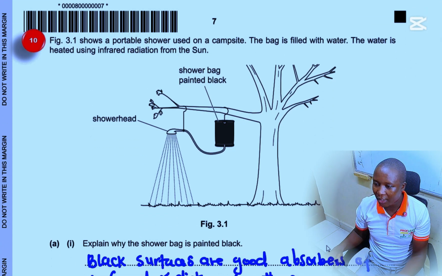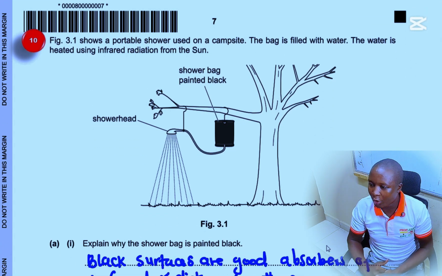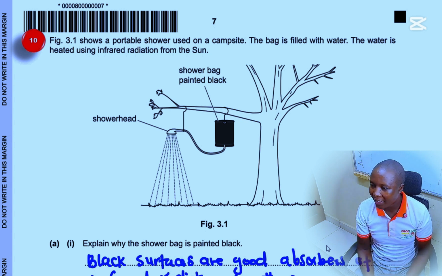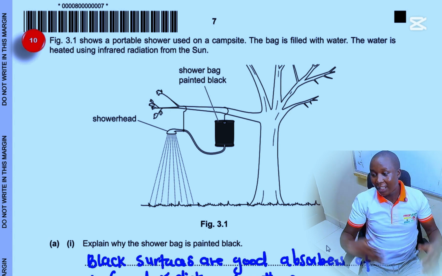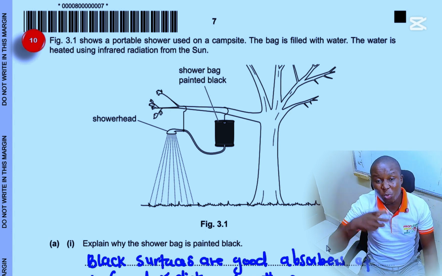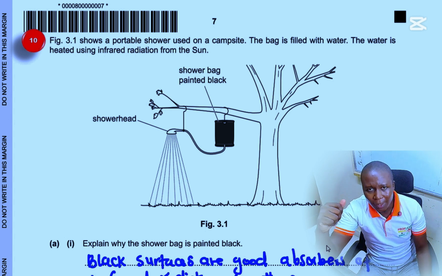We are having a scenario here where we have a portable shower on a campsite, and the bag is filled with water, and then that black bag is used to warm the water. Why is it painted black?